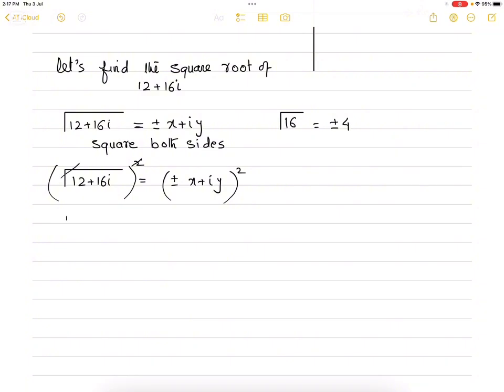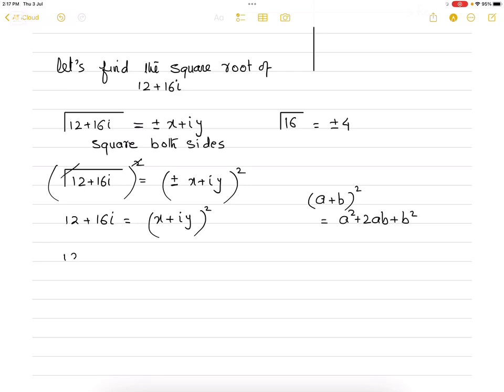So you are going to write 12 plus 16i is equal to, the square of plus is plus, the square of negative is plus, so I am going to square x plus iy only. And if you remember the identity (a plus b) whole squared, you have to open this in the same way, like a squared plus 2ab plus b squared.